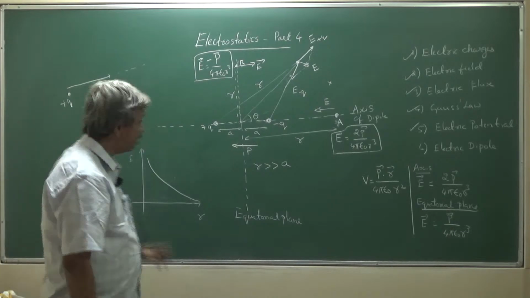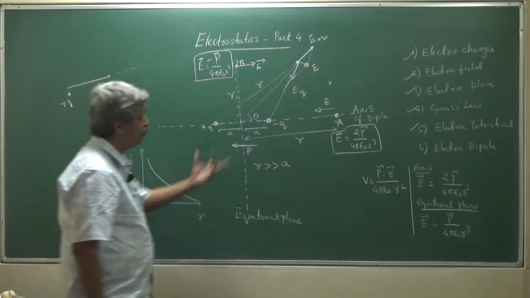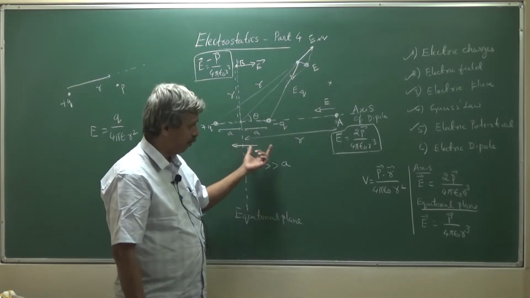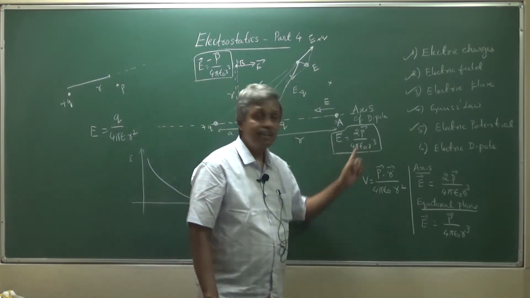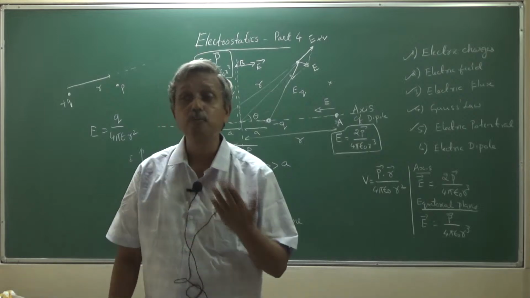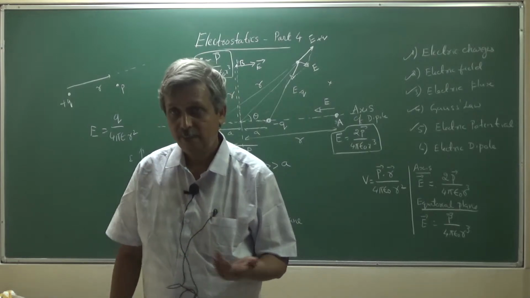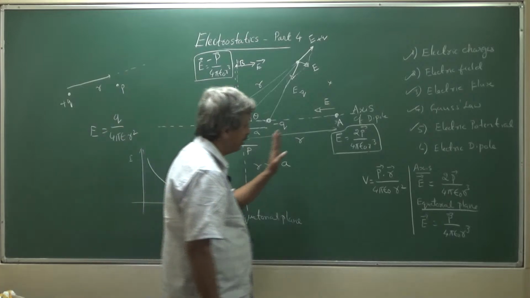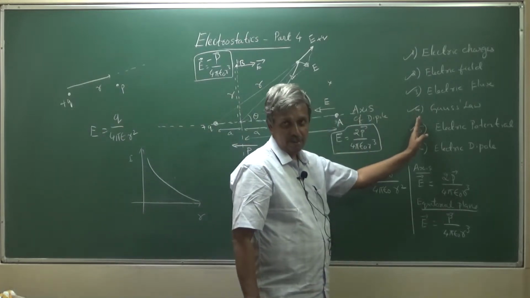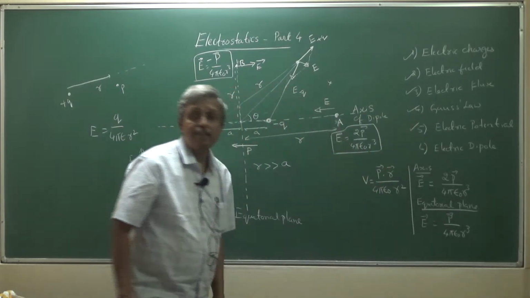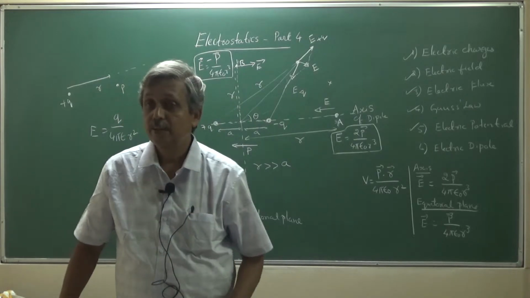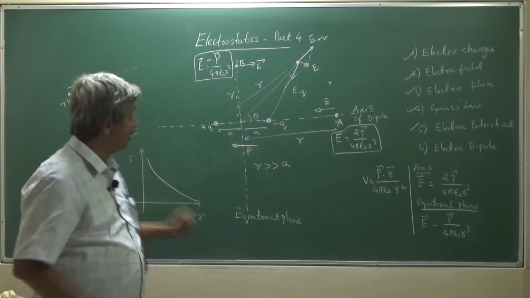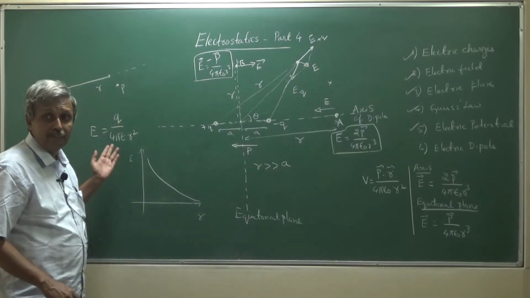Whereas instead of one charge, if you keep two charges of opposite value at a certain distance, electric field varies as inverse of R cube. Inverse of R cube in the sense that when you double the distance, electric field reduces 8 times, 2 cube. Whereas for a single charge it reduces 4 times, 2 square.